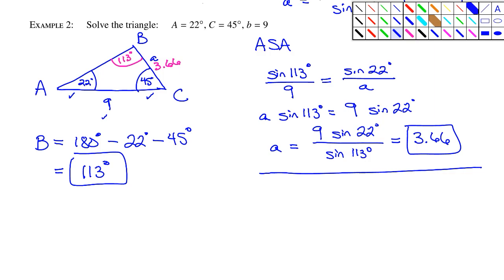Lastly, we need to find side C. So I'll start again with the B pair. Sine of 113 degrees divided by 9 is equal to the sine of 45 degrees divided by little c.